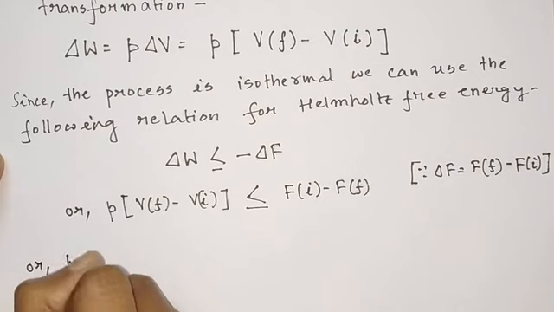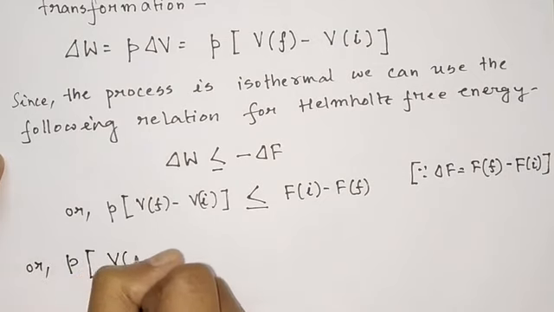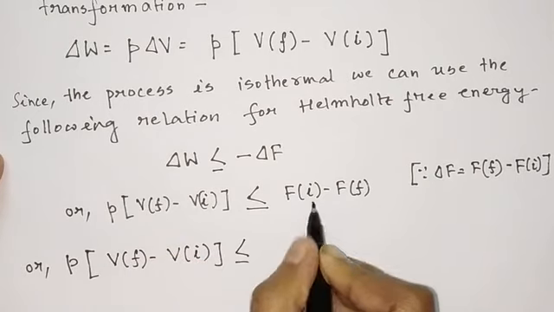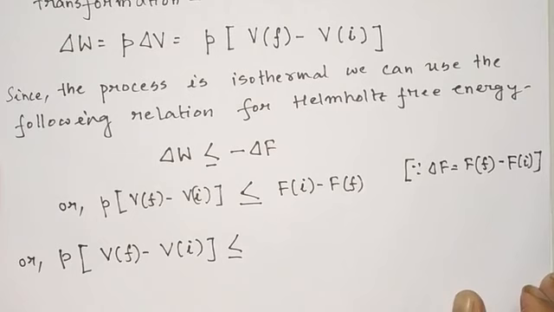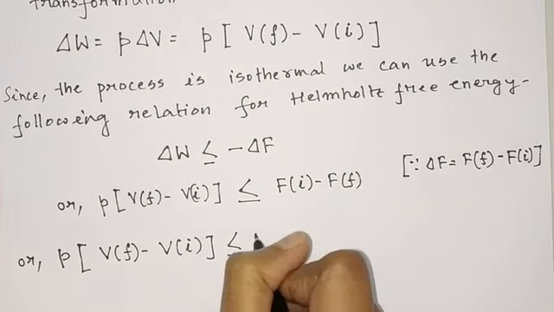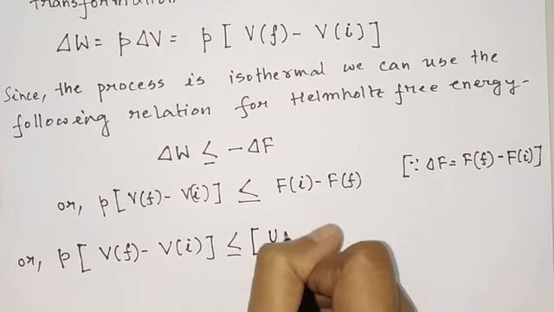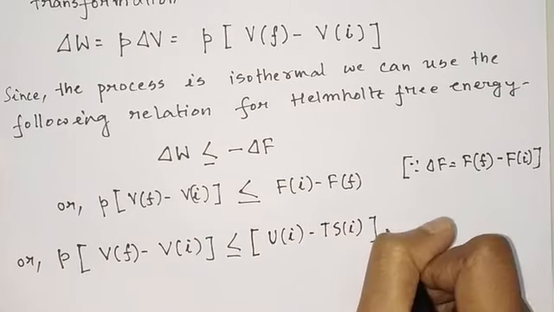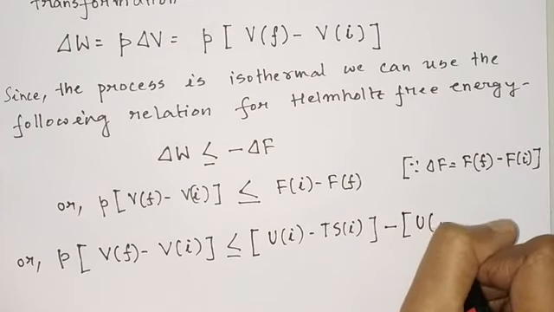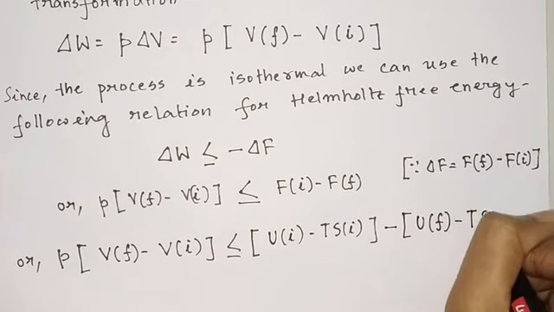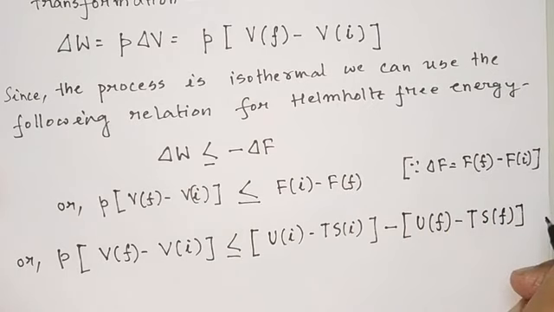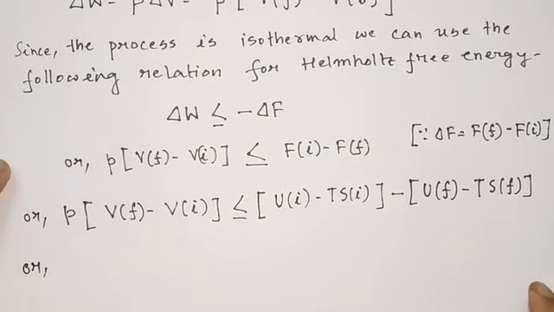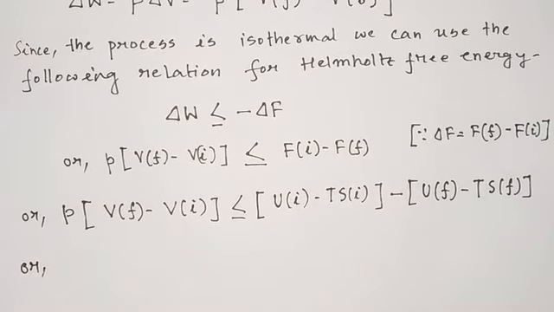Or P into Vf minus Vi is less than or equal to, now let us put the values of Fi and Ff. So we know Fi is Ui minus TSi, minus Uf minus TSf.